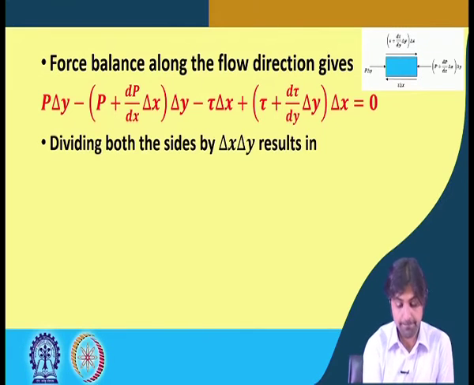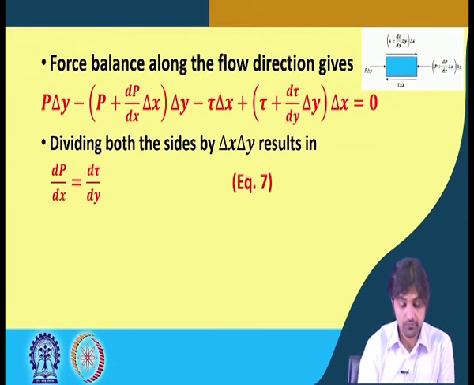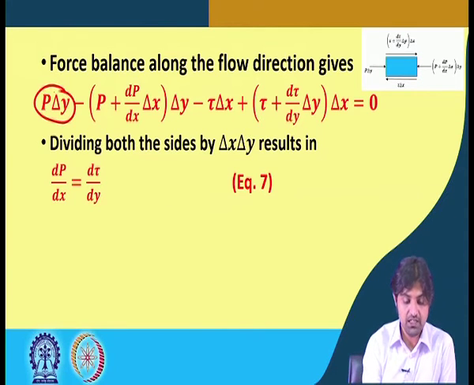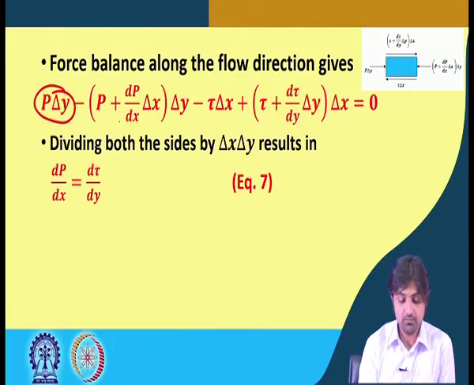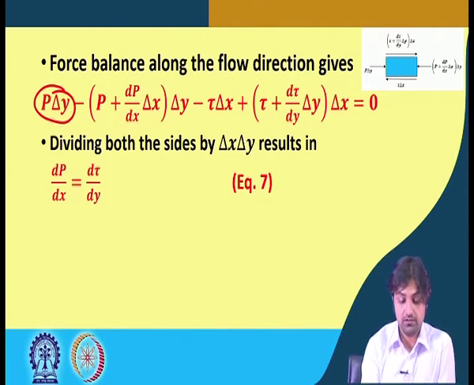Now, if we divide both sides by delta x into delta y, that is the area, this becomes P delta x delta y, and this also becomes P delta x into delta y whole square.